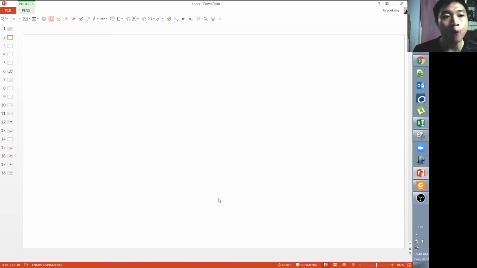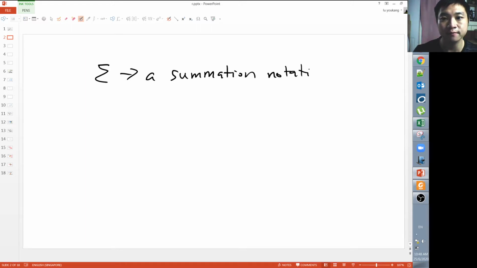Before we talk about the formula for standard deviation, I think it's good to give you an idea of a new notation. This is a summation notation, which we call sigma in statistics.